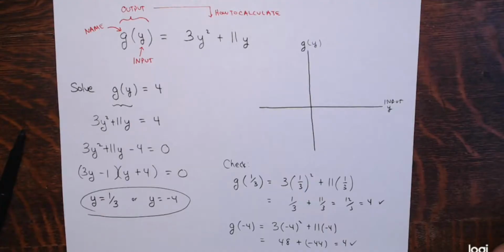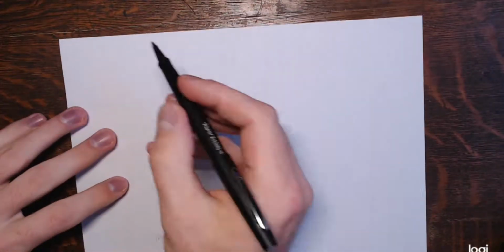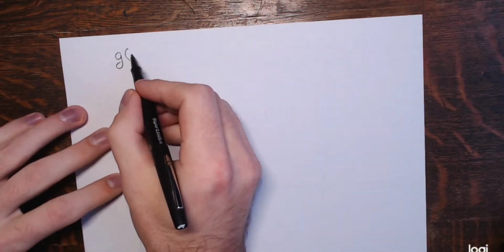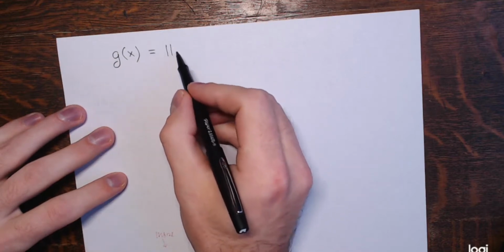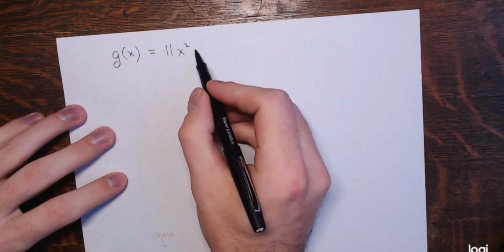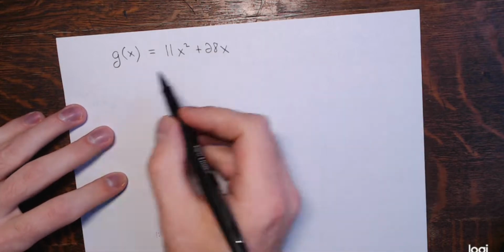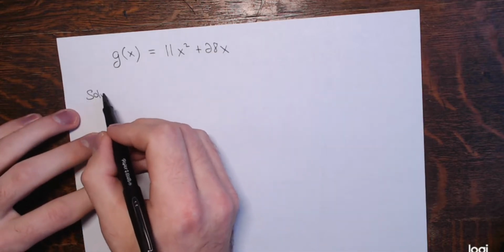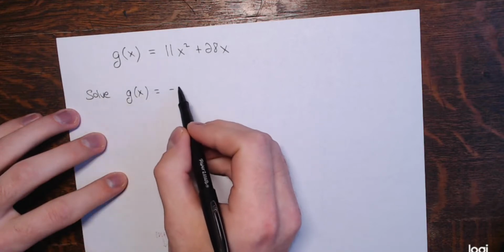All right, so once again, I'll write this out. So g of x equals 11x squared plus 28x, and we're asked to solve g of x equals negative 12.